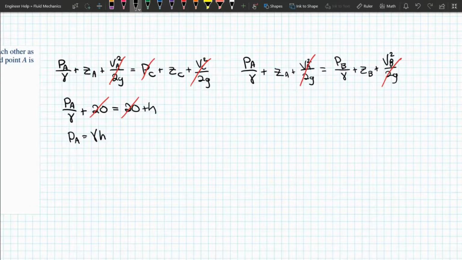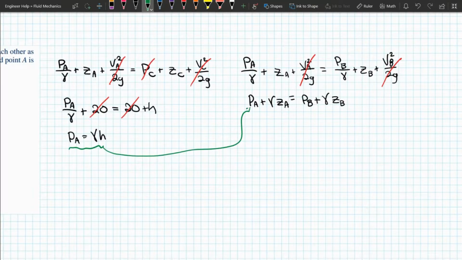Okay, multiplying by gamma throughout, we can rewrite this equation as pressure at A plus gamma times the elevation at A is equal to the pressure at B plus gamma times the elevation at B. Okay, now we can take this right here and substitute it into this pressure over here.